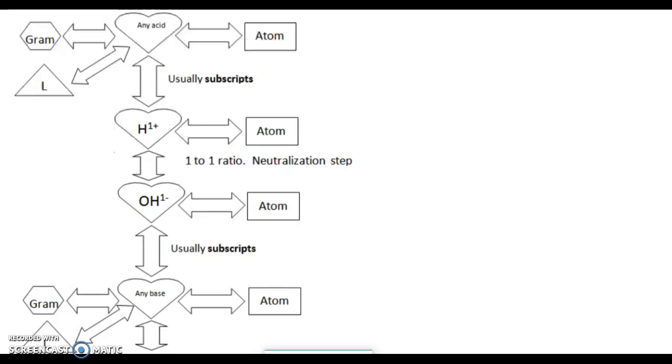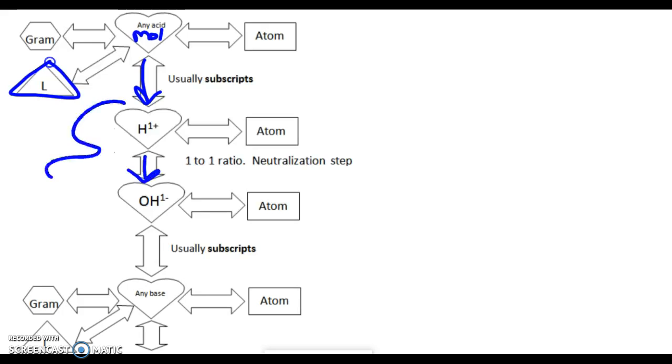These are the longest problems that we have encountered so far. So on your cover, we can see that we can go from liters of an acid to the moles. You might want to write that on there, of an acid. Then we have to go to moles of hydrogen ion, to moles of hydroxide ion.